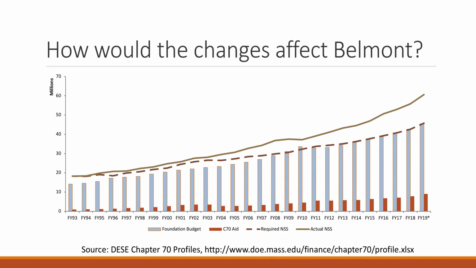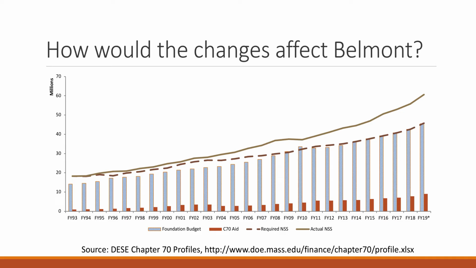I've seen a number of different models about how much the proposed changes to the foundation budget will affect the aid available to each community. The short version of that story is it's a story that you can tell with some confidence for Belmont, because Belmont has a relatively small share of low income or economically disadvantaged students, and that is the area where there's a lack of consensus at this point.